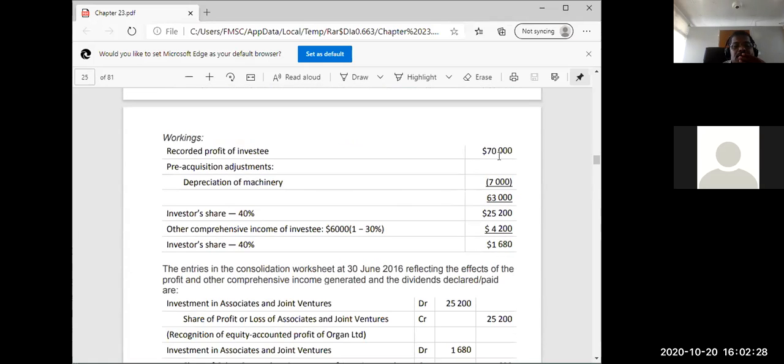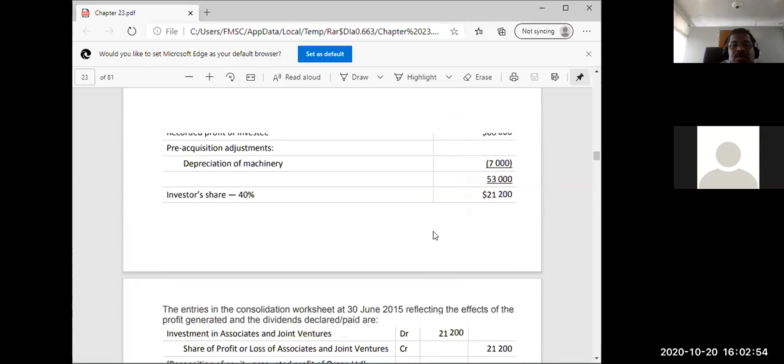Depreciation of machine, and here investors 25,000, other comprehensive income 42,000, investor's share of profit 1,000, this amount.